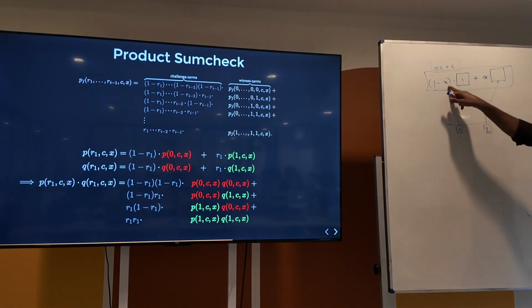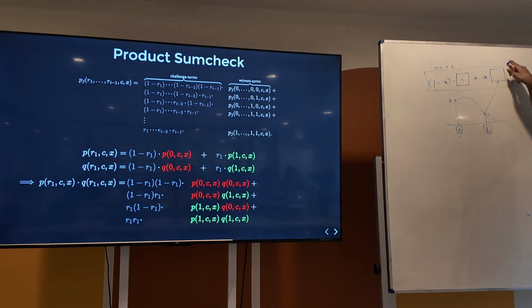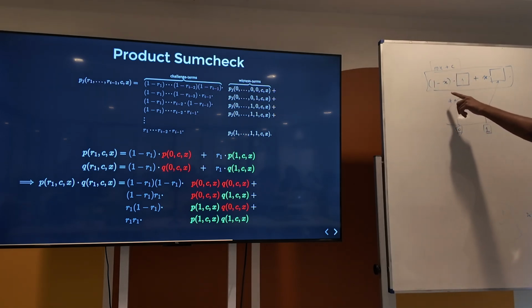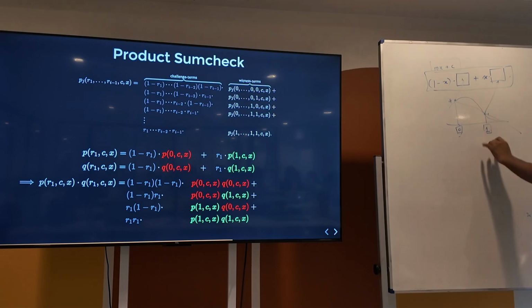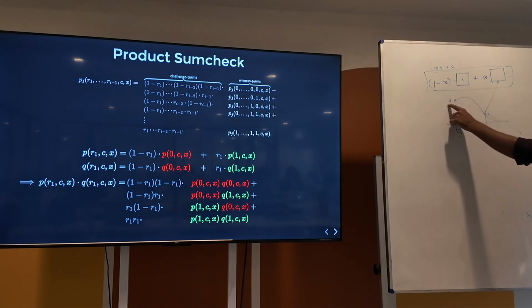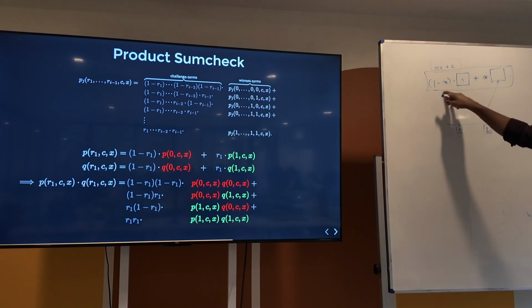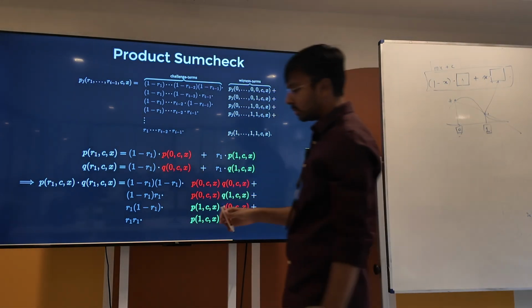If you substitute x equal to 0, this term goes to 0. And if you substitute 1, this term goes to 0. So it's basically encoding these two numbers, 4 and 1, in the simplest possible way in the linear case. That's the definition of multilinear extensions, and that's why we have this 1 minus R1 term.